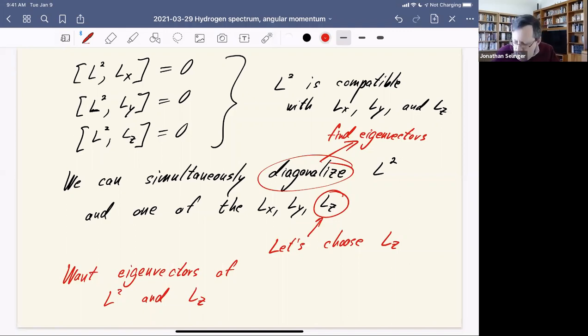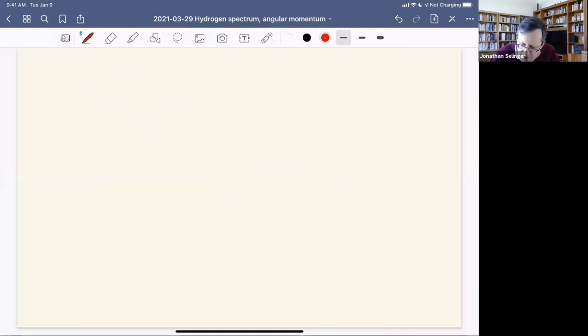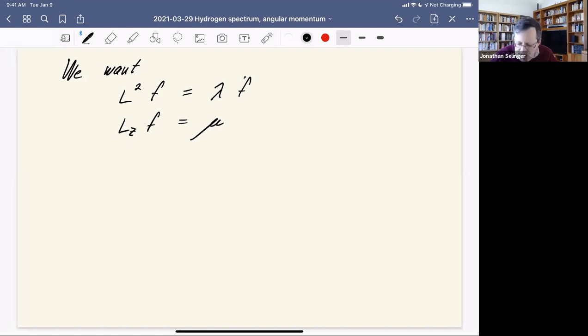If we want that, it means we want to find some states so that L squared acting on the state f is some eigenvalue times that state, and Lz acting on the state is some other eigenvalue times that state.